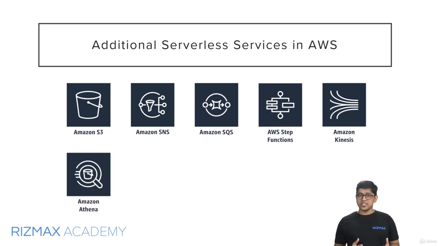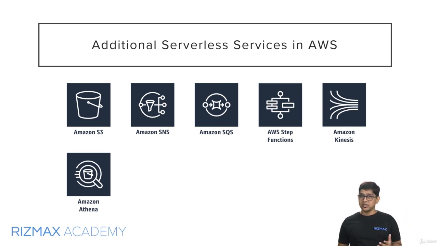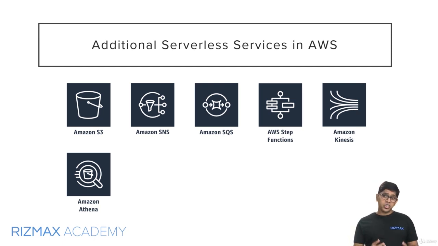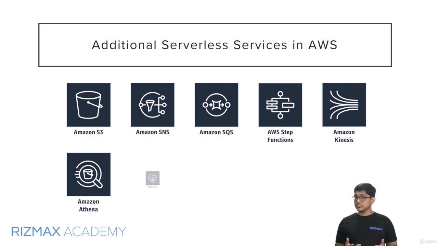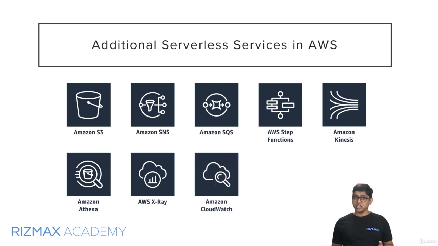Amazon Athena is an interactive query service that you can use to query your data stored in Amazon S3 using standard SQL syntax. You also have debugging tools like AWS X-Ray and debugging and logging tools like AWS CloudWatch.